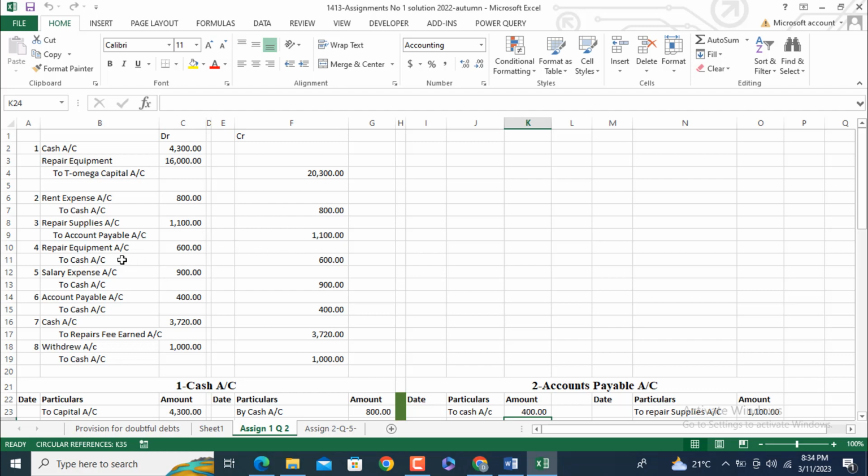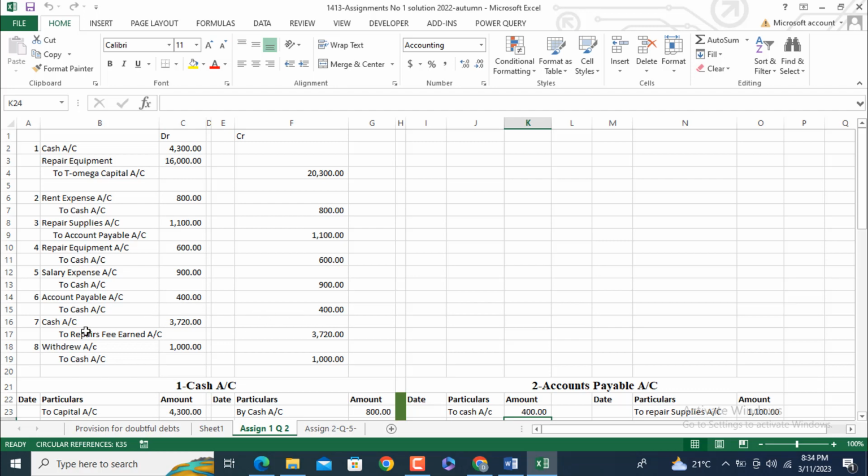Further, additional purchase of repair equipment in cash equal to 600 rupees, and cash asset decreases. Salary expense account is equal to 900 and cash account is equal to 900. Accounts payable has been reduced by 400 by retiring a portion of the liability of 400 to cash account 400.